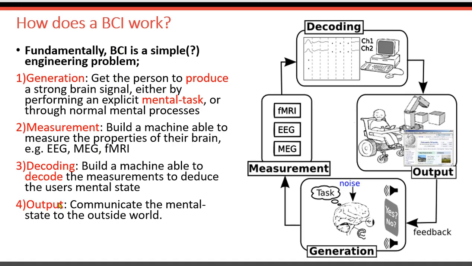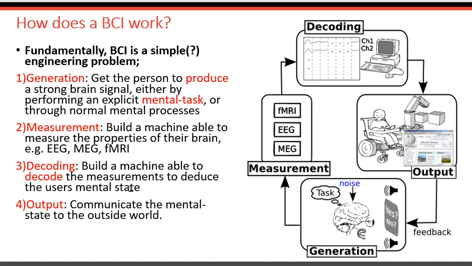In the coming lectures, we will delve into each of the different components of the BCI system in detail. For instance, we will see how brain signals can be generated using different experimental paradigms. We'll also take a look at different measuring modalities such as EEG, MEG, and fMRI. We will also take a look at decoding.